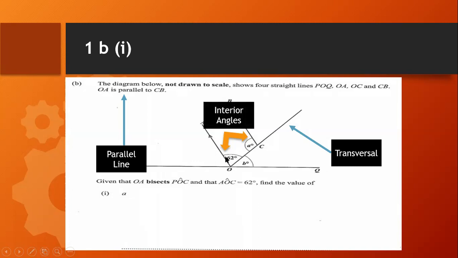So these lines here, this line right here and this line here, are parallel lines. What do I mean by parallel lines? Parallel lines are lines drawn such that the distance between one line and the next is always the same along the length of each line.